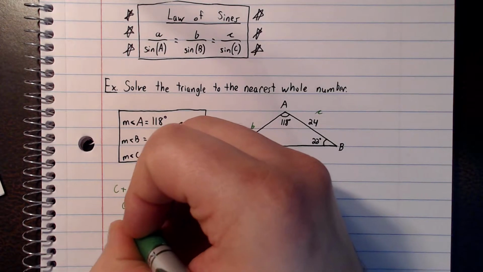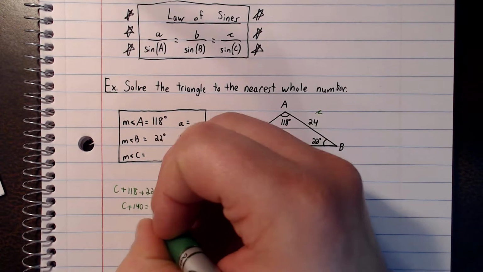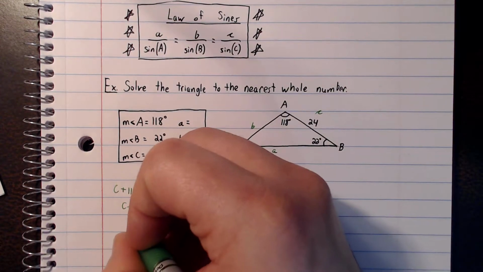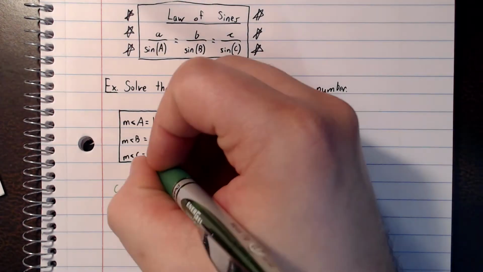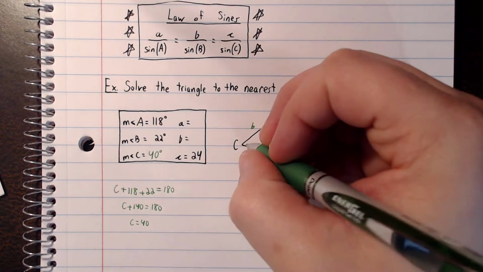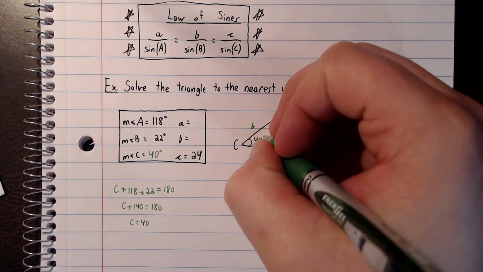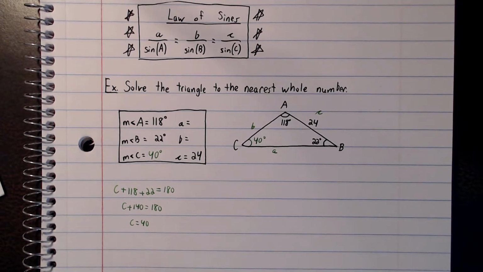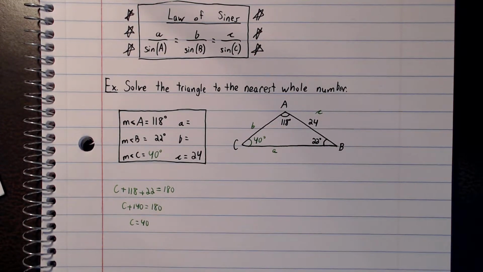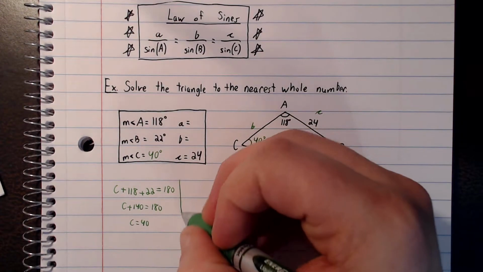So when we start combining and subtract, we end up with angle C being 40 degrees. And I'm going to add that into the picture as well. So we got a really quick one of the three things that we're looking for just by triangle sum.